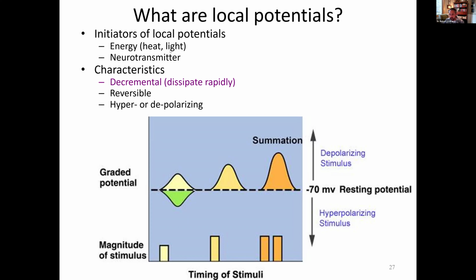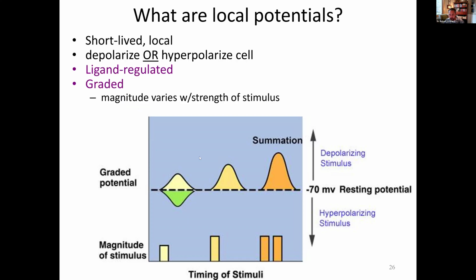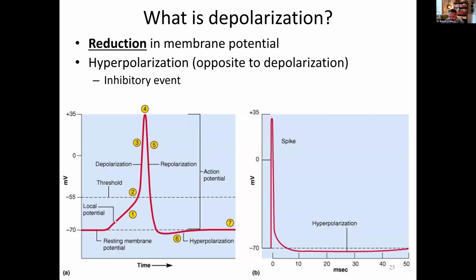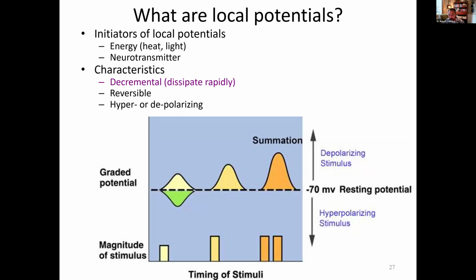So what are some of the initiators, or what would cause a local or graded potential to take place right in this area? And remember, on the nerve, this signal of electricity is happening at that axon hillock, like we talked about the other day. So initiators could be energy, heat, or light that open ion gates, that allow for sodium to come into the cell and make the cell less negative, right?